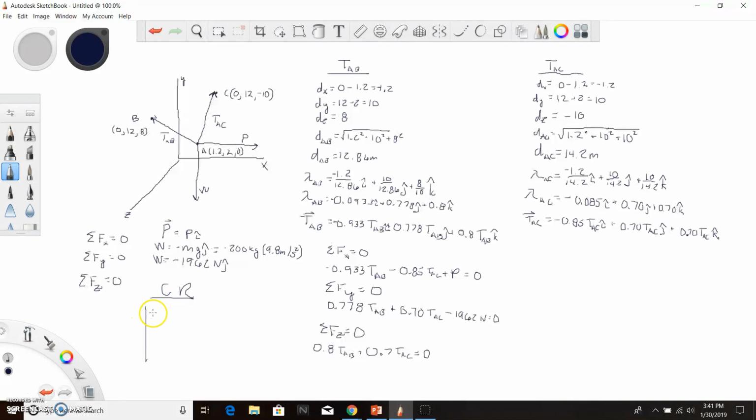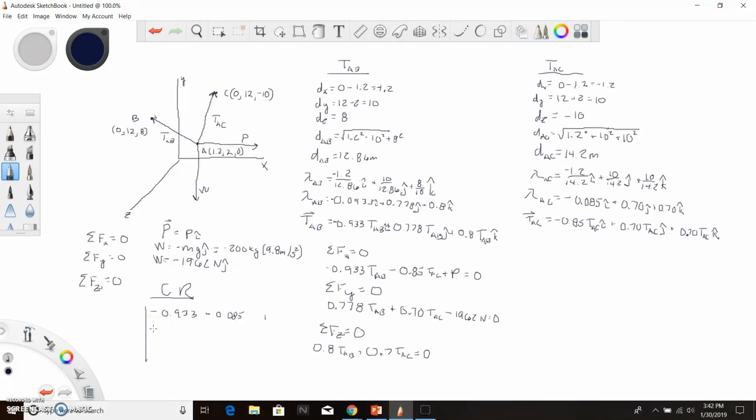First row: negative 0.933, negative 0.085, and P is just 1.